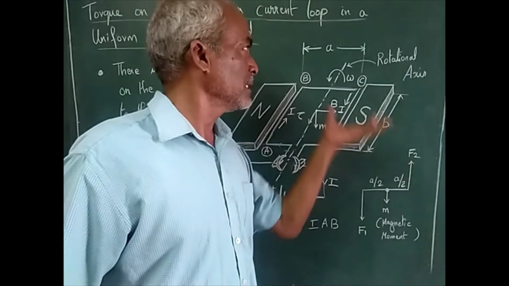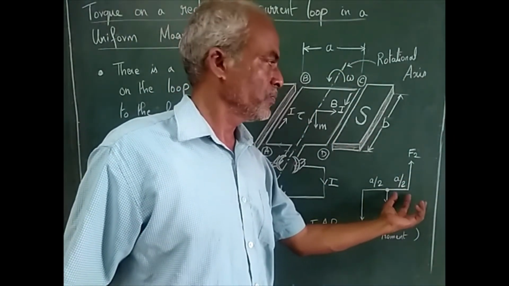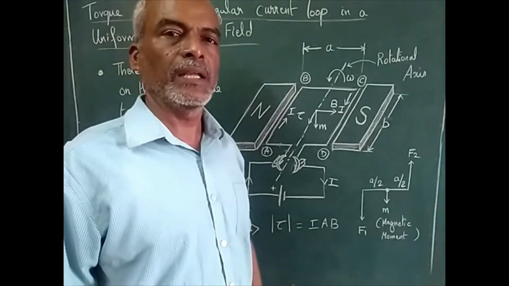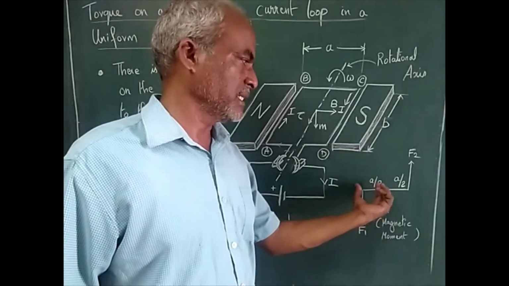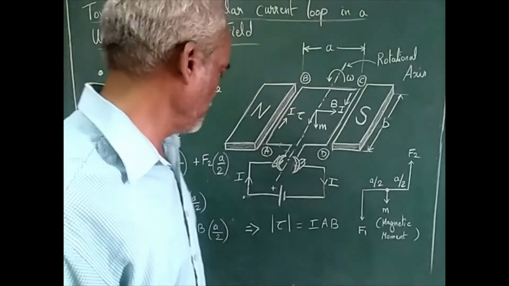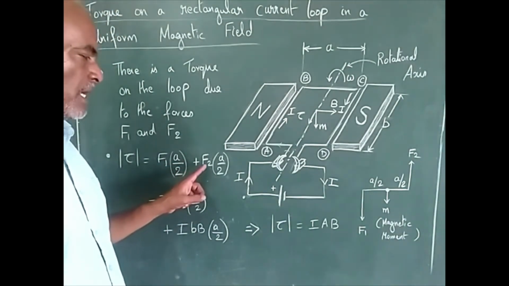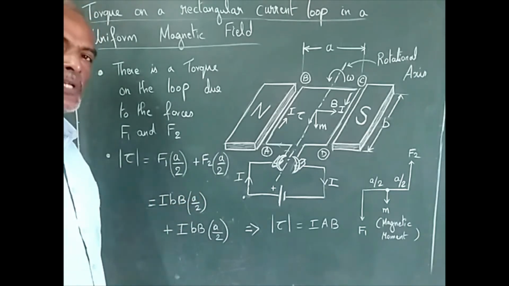The total length is A, so this distance is A by 2. F2 is the force acting upward and F1 is the force acting downwards. So from the magnetic moment, the distance this side is A by 2, that side is A by 2. That's why we write force F1 into A by 2 plus force F2 into A by 2. That will give you the magnitude of torque.